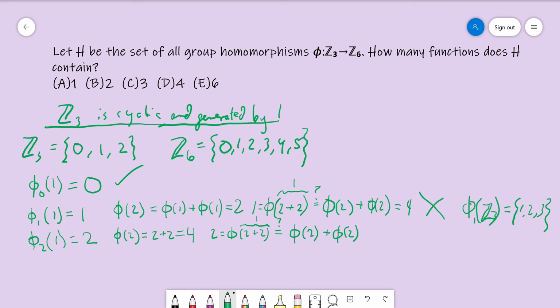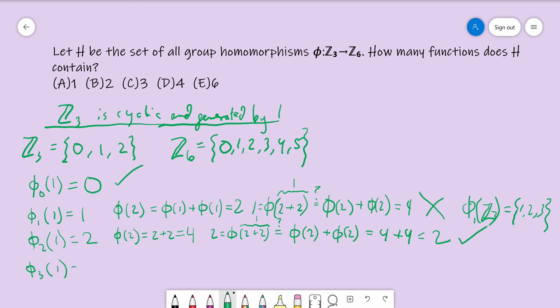Well, phi of 2 is 4, and 4 plus 4 is 8 mod 6, which is 2. So that seems to work. So yeah, phi 2 is a homomorphism. Okay, so that works.